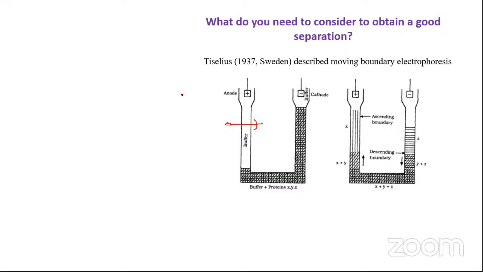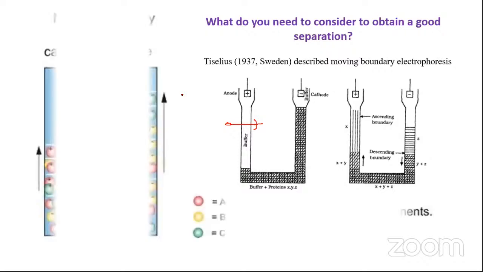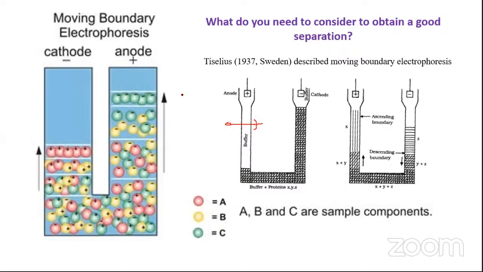Do you need to consider certain things when you observe this apparatus in order to obtain a better separation? Let us understand it in a schematic, and find out whether we are going to get a good separation or not.